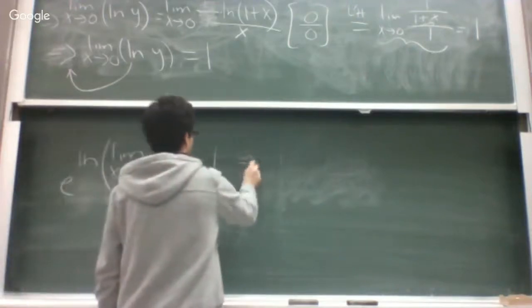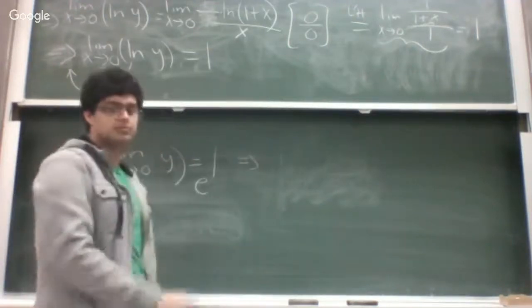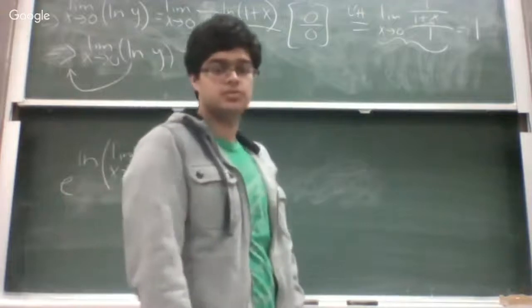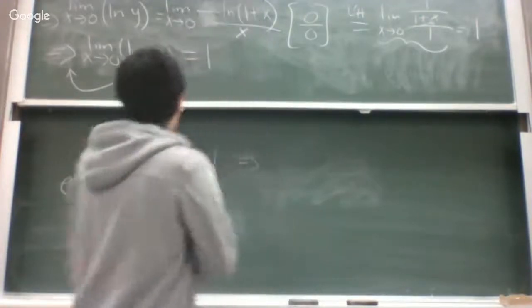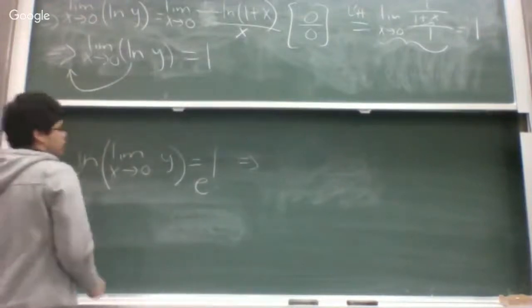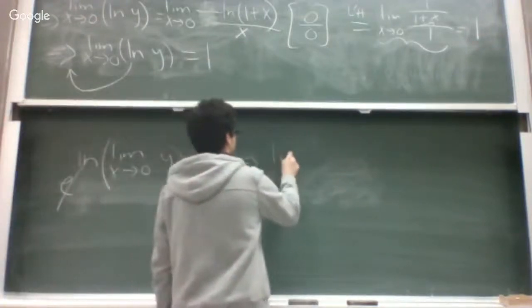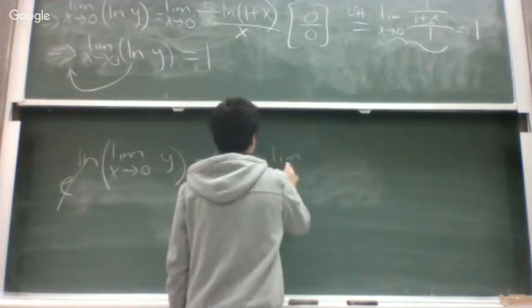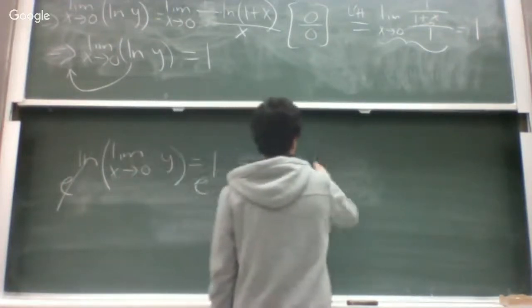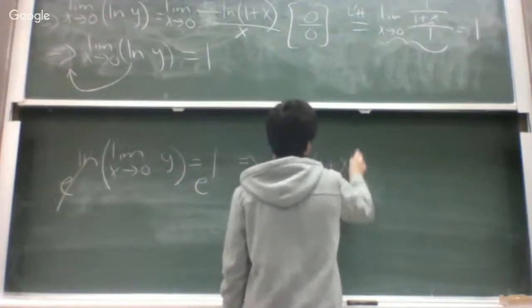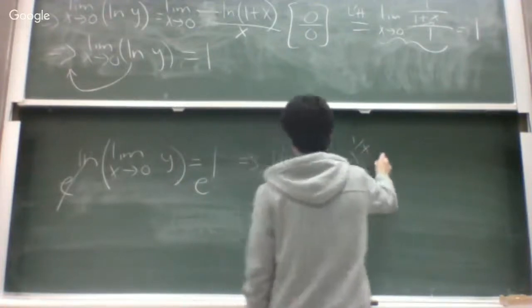Therefore, the limit as x approaches 0 of y, and our y was the original function, 1 plus x to 1 over x, equals e.